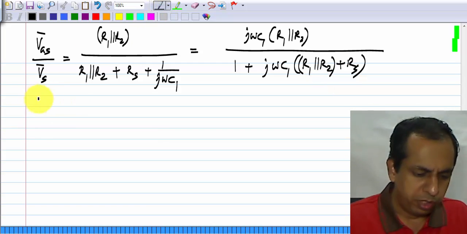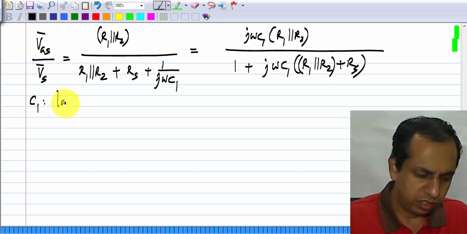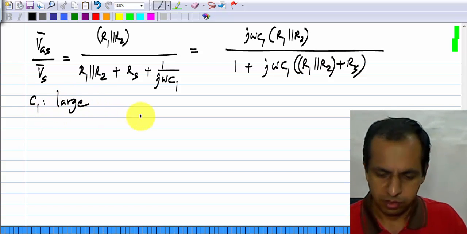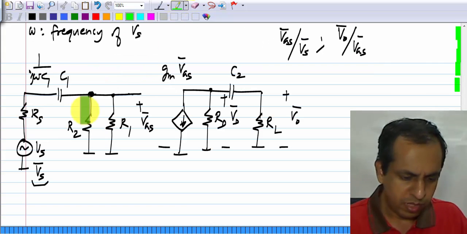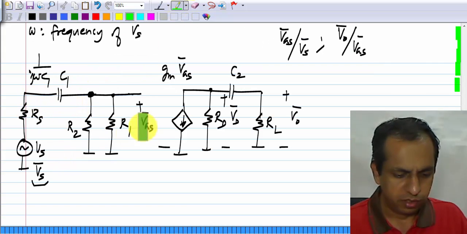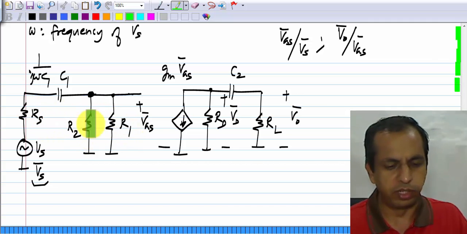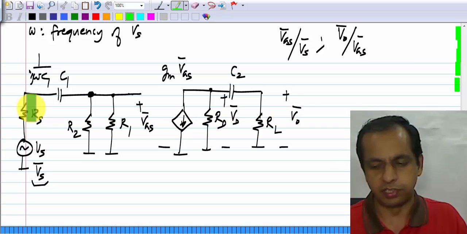Now, what do we mean by C1 is very large? Basically, it should behave like a short circuit. We know that if it did behave like a short circuit, Vgs by Vs will simply be the ratio of these resistors, R1 parallel R2 divided by R1 parallel R2 plus Rs.